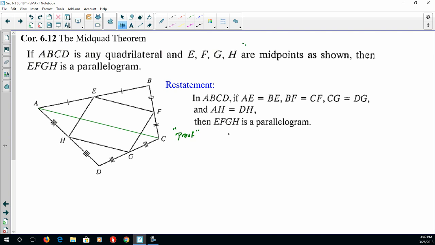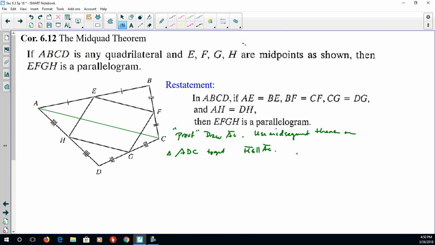Then use the mid-segment theorem on triangle ADC, excuse me, to get that HG is parallel to AC. Let's work up here now.